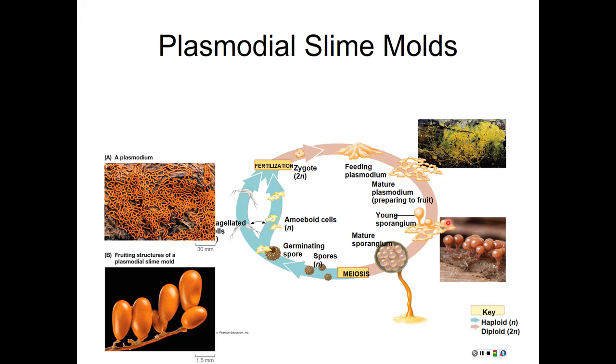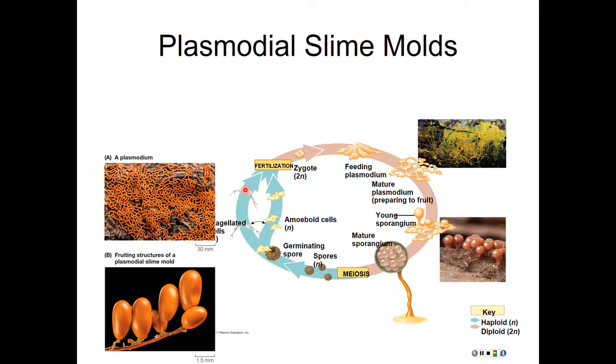All right, let's talk plasmodial slime mold first. So one of the giveaways of the plasmodial slime mold, and here is what we would call the plasmodium of the plasmodial slime mold, is that they're typically brightly colored.